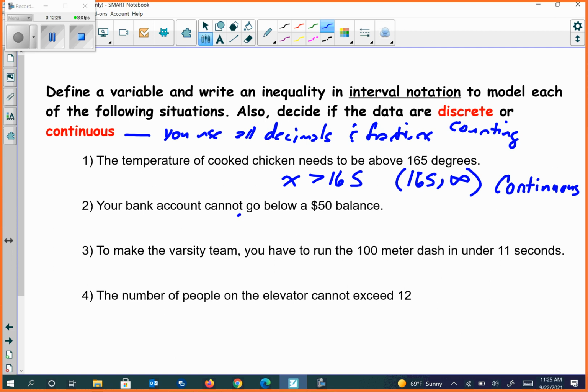So your bank account can go from negative infinity to 50. Cannot go below this. So our bank account can't go below that. Okay? Money is discrete.